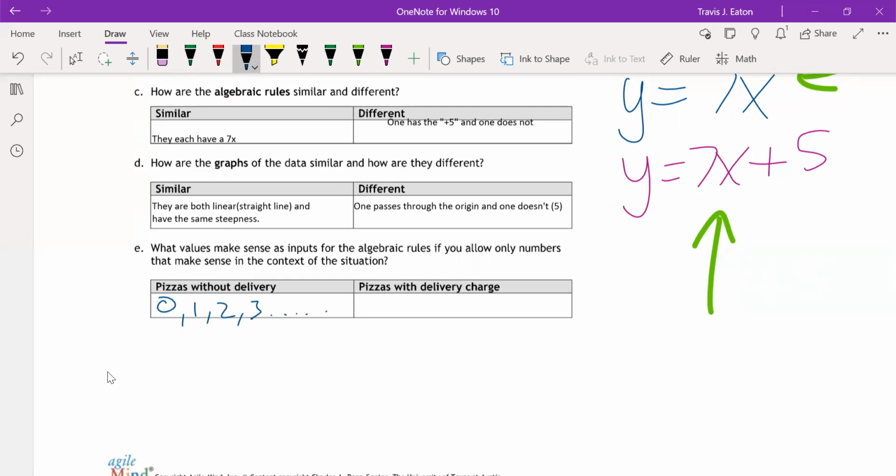But pizzas with the delivery charge, to order 0 pizzas and get charged $5, does that make sense? No, it doesn't. You can't have 0 pizzas, because if you do, you pay $5.